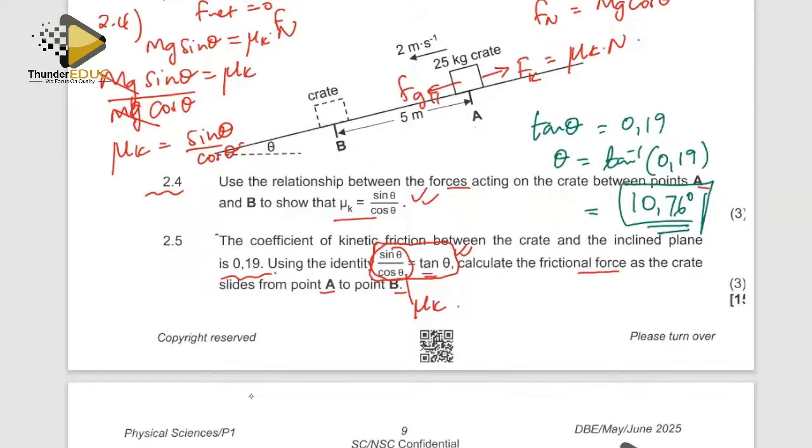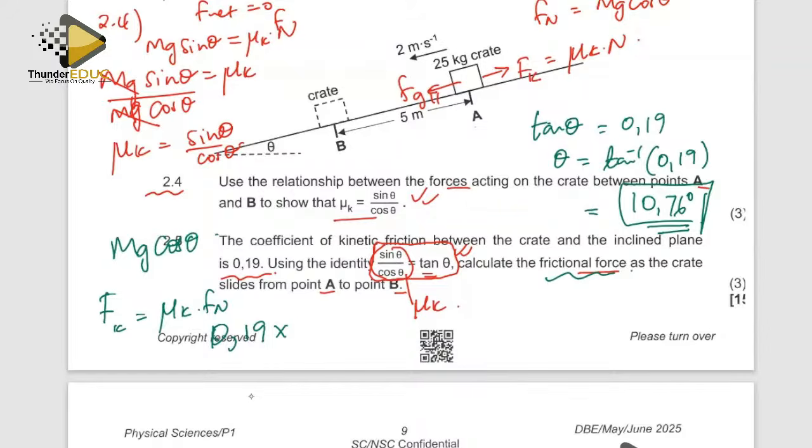Now the question wants the frictional force. Then we shall go down and say that our frictional force, Fk, is given as the mu k multiplied by the Fn. That's going to be the 0.19 multiplied by the mg cos theta. I'm using this, but there is also another way to do that.